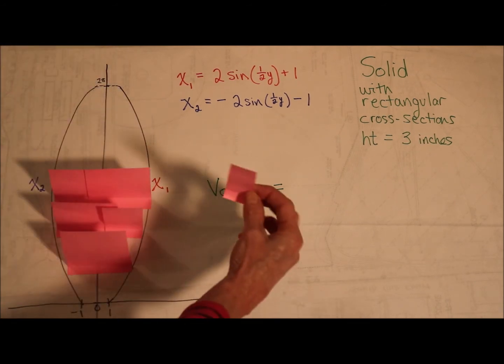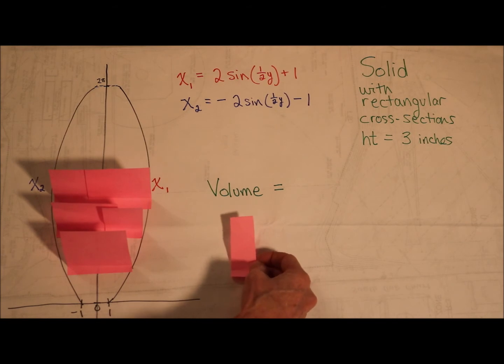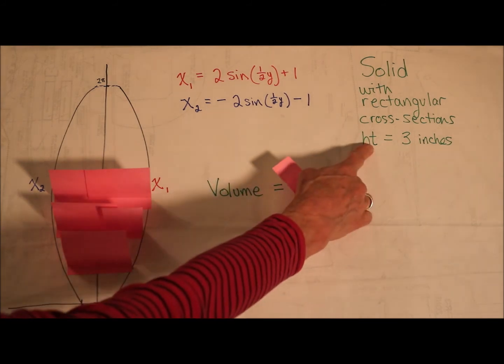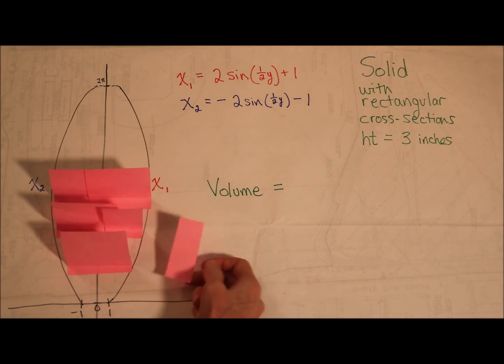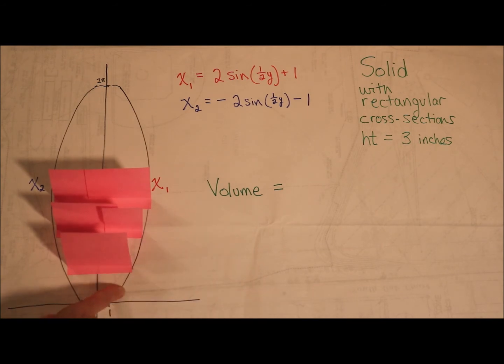All right, how do I find the area of a rectangle? Well, it's length times width, or base times height. So my height was given, the height of each of these rectangles is 3 inches, and the base is going to be the distance from the right curve to my left curve.